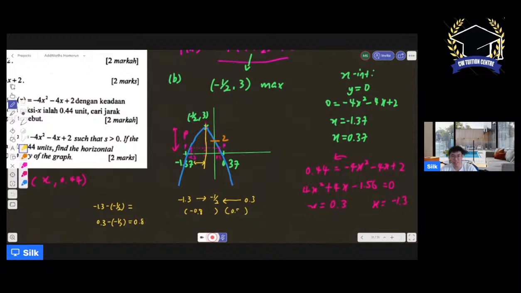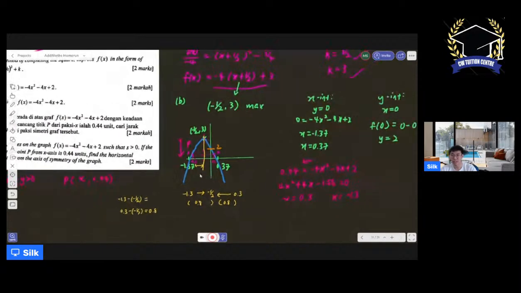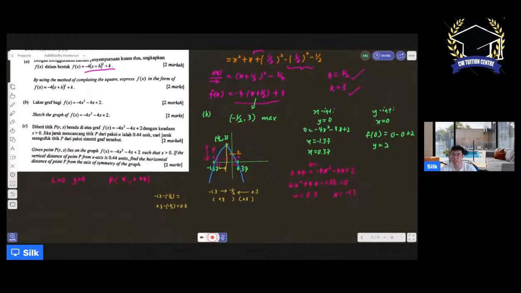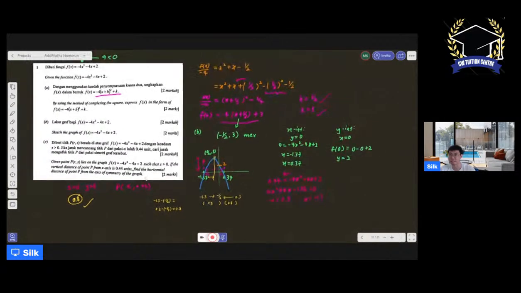So the distance between 0.3 to here is 0.8 unit. They say find the horizontal distance of point P from the axis of symmetry. It will be 0.8. That is the distance.